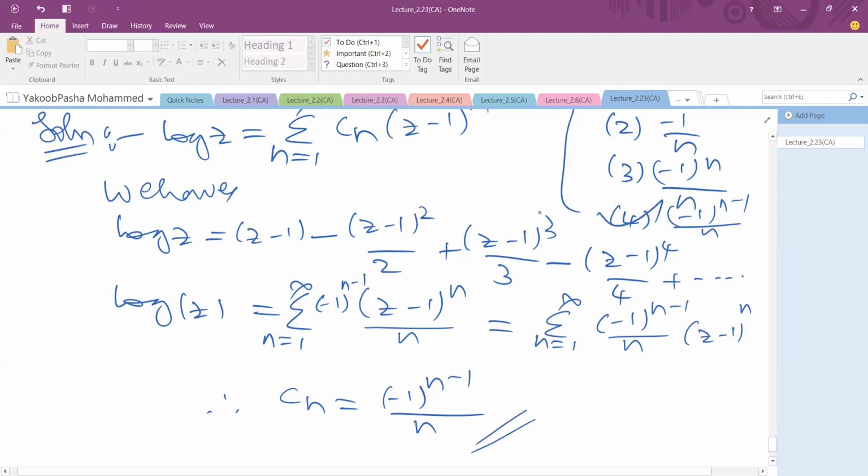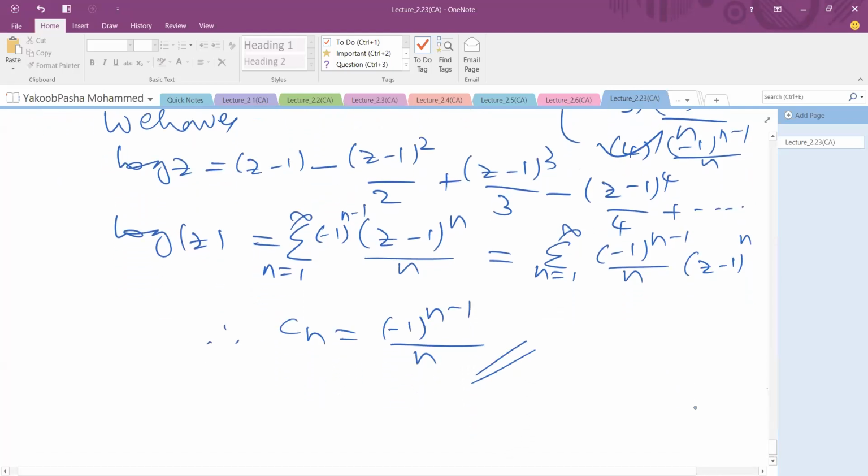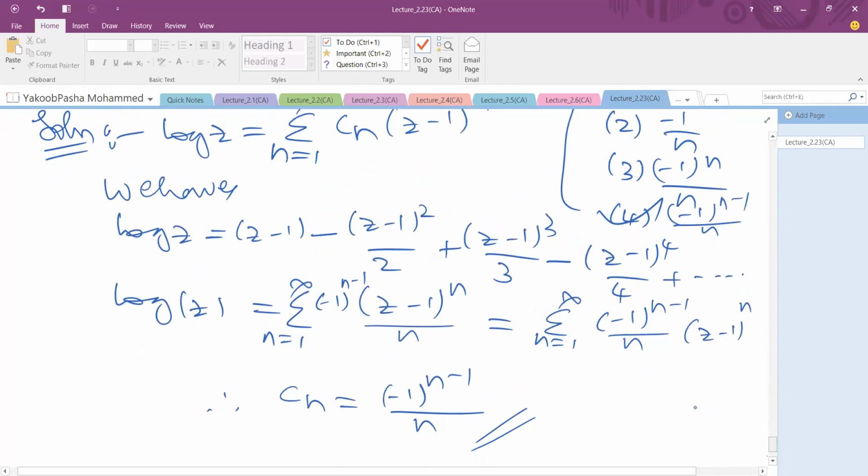Okay. Now we are given another problem in the same JL question paper. Sir, excuse me, sir. Yes. Log z, how to write that expansion? By using Maclaurin's series, about z is equal to 1.